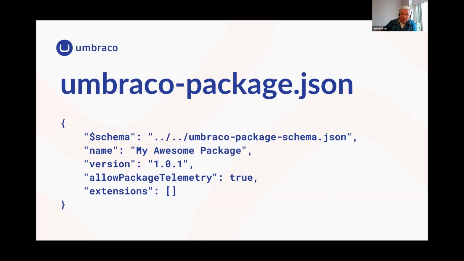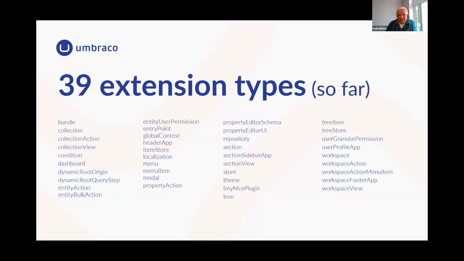You give it a name, a version, whether you want to allow telemetry, so to speak to Umbraco servers to say these are the packages installed, so we can use that data to see how packages are being used and whatnot. And then a series of extensions. These are all the extension types.